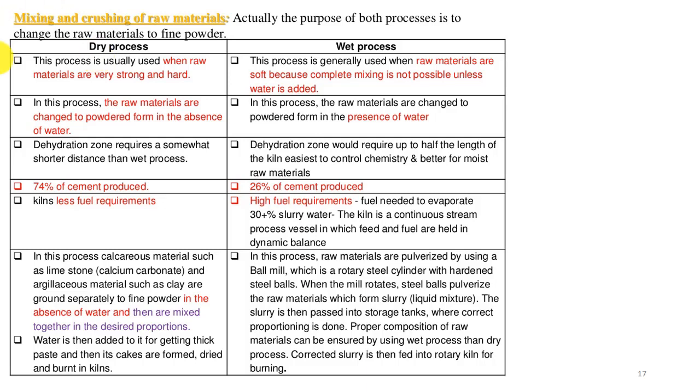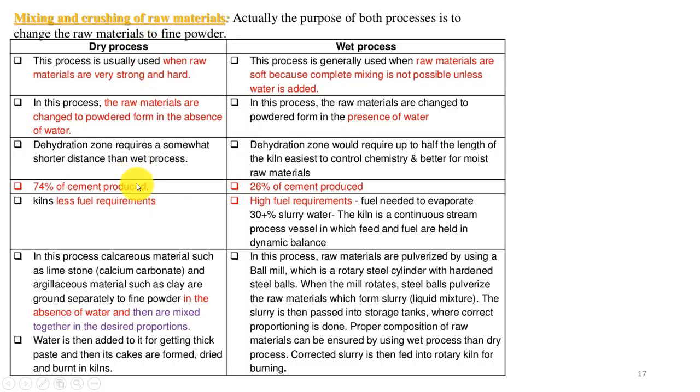So there's a comparison between the dry and wet methods. In the dry method, you can have very strong and hard material. For the wet process, we need a very soft material so that it can be ground. In the dry method, obviously, grinding is in the absence of water, and in the presence of water for the wet process.